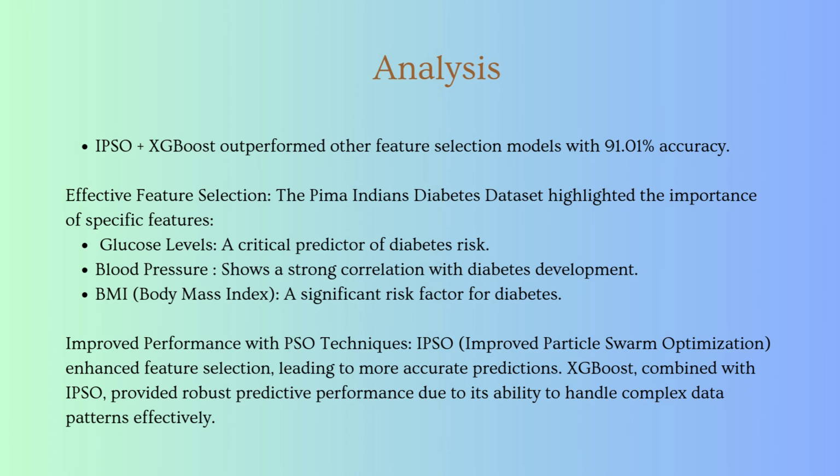In conclusion, my exploration of particle swarm optimization for feature selection has demonstrated the power of heuristic techniques in improving predictive models. By carefully selecting relevant features, we can simplify our models and enhance their performance.